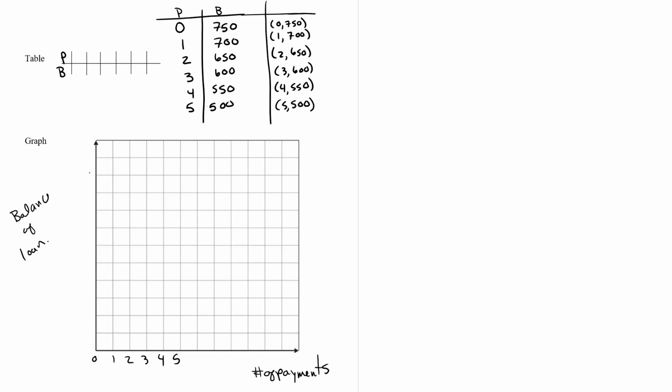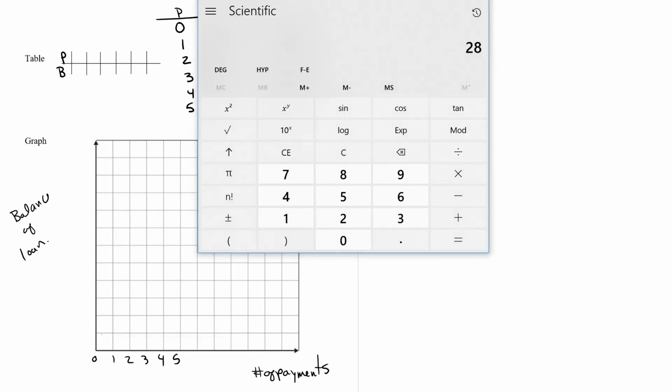So I'm going to show you kind of a foolproof way to figure out what the scale can be. So I have 1, 2, 3, 4, 5, 6, 7, 8, 9, 10, 11, 12. So what I'm going to take is my biggest number. Let's just say 800, let's round up, divided by 12. So I know that in order to fit perfectly, each of these has to be 66.